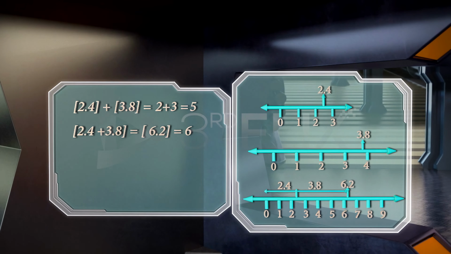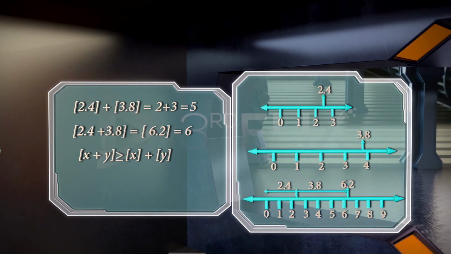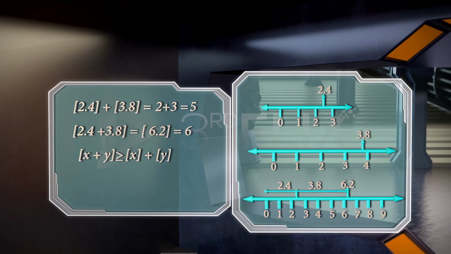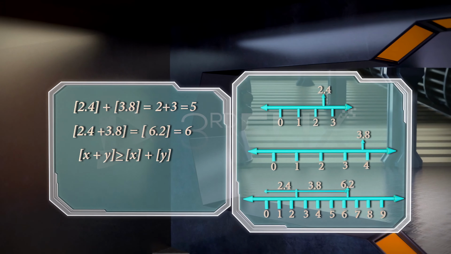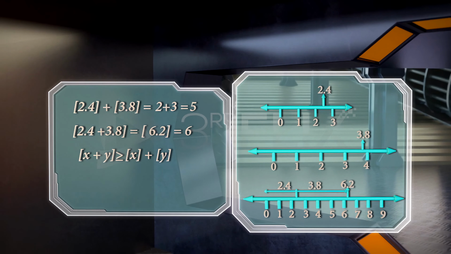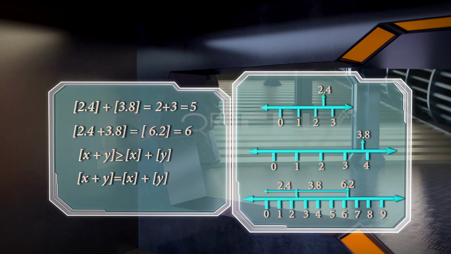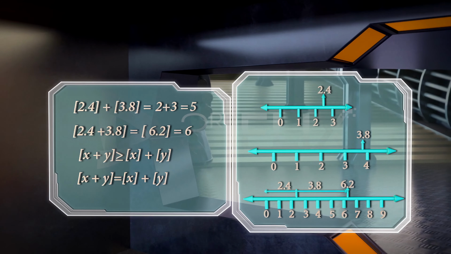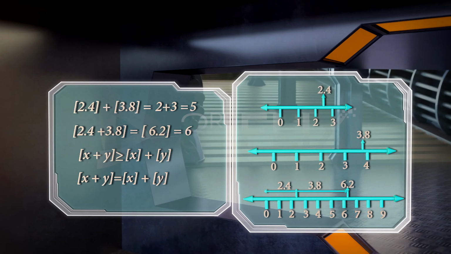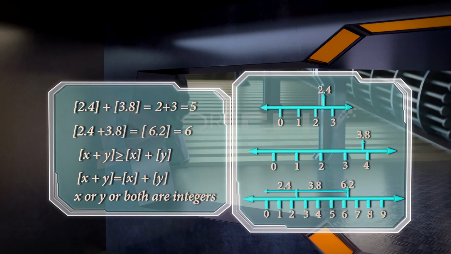Greatest integer function of x plus y is greater than or equal to greatest integer function of x plus greatest integer function of y. Greatest integer function of x plus y equals greatest integer function of x plus greatest integer function of y if either x or y or both are integers.